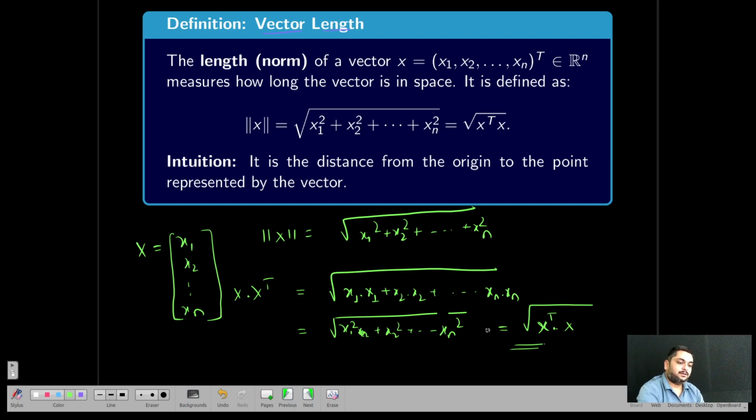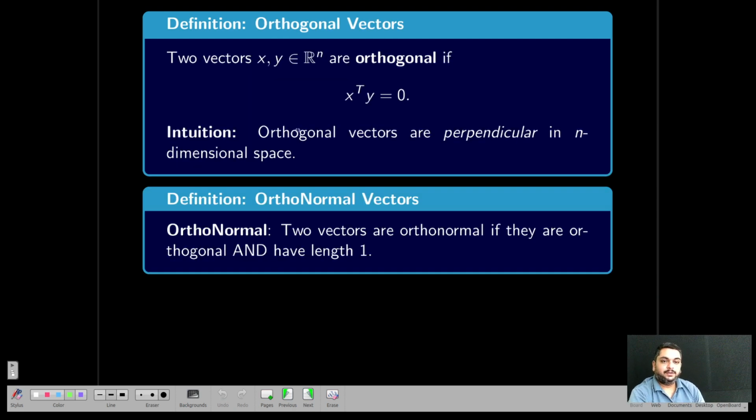Let's try to understand what an orthogonal vector is. Two vectors x, y belonging to Rn are orthogonal if x transpose into y equals 0. So there is a vector x, which is x1, x2 up to xn, and a vector y, say y1, y2 to yn.